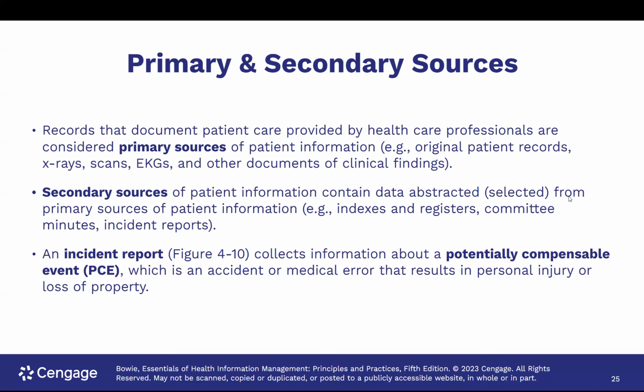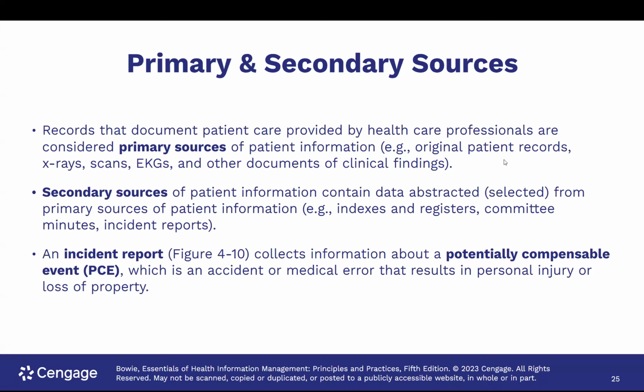An important thing to remember is we have primary sources of information: original patient records, x-rays, scans that give us objective information. And we have secondary information. This is abstracted information from a registry, right? So those are primary versus secondary.